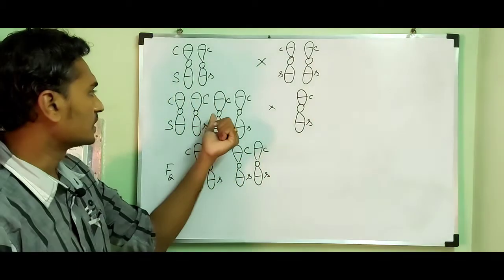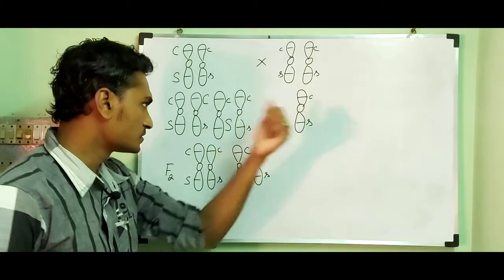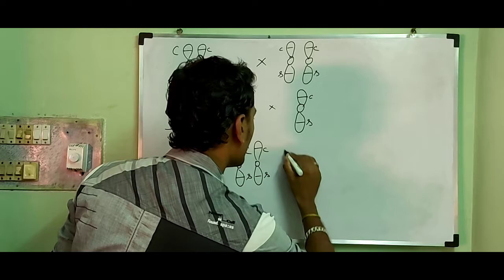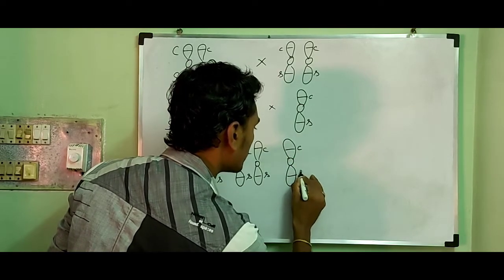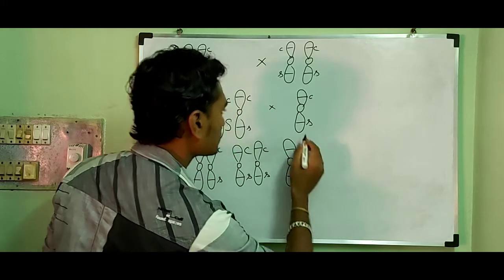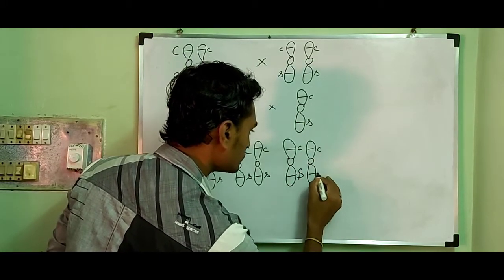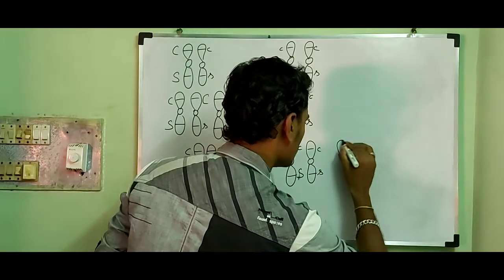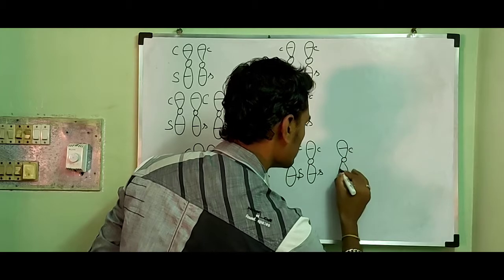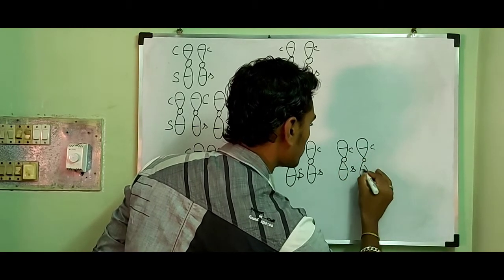Then the third gamete, small c, capital S crossed with small c, small s, giving small c, capital S, and small c, small s. Then the fourth gamete, small c, small s, crossed with small c, small s.